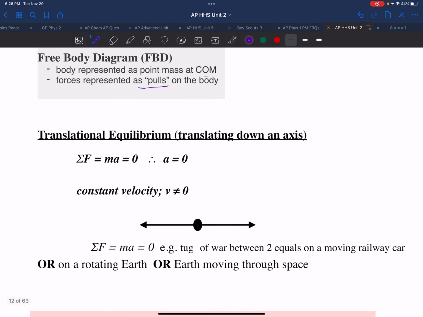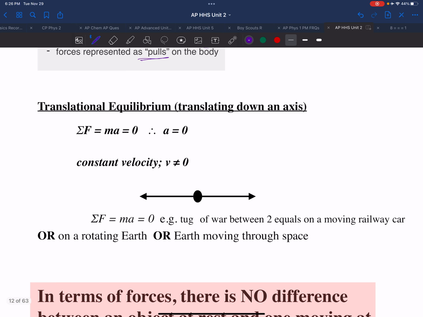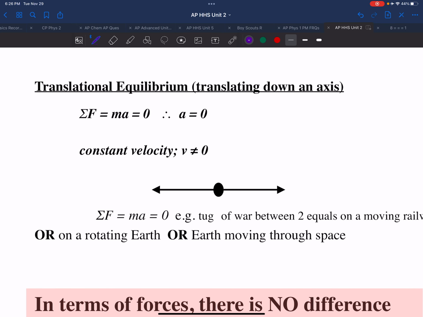Now let's talk about translational equilibrium. Translational means translating or moving down an axis at constant velocity.